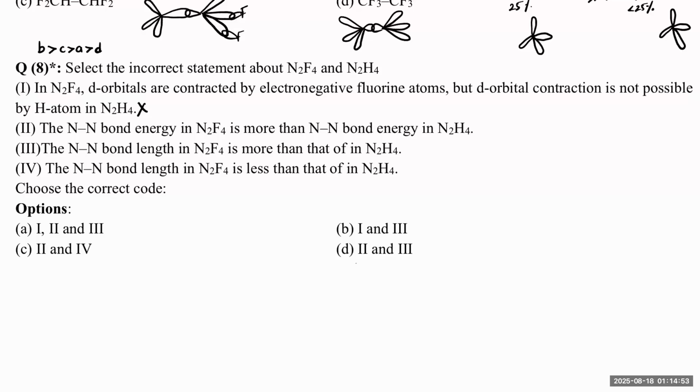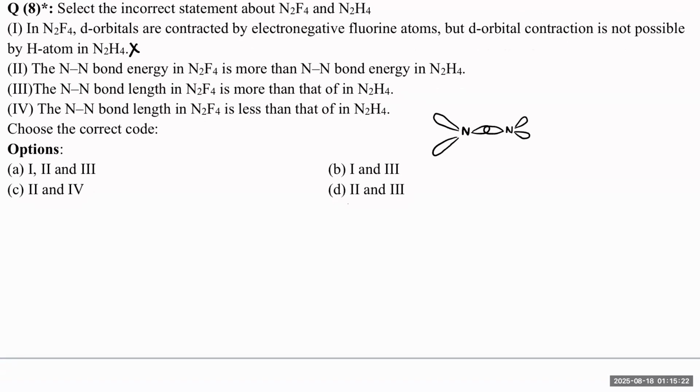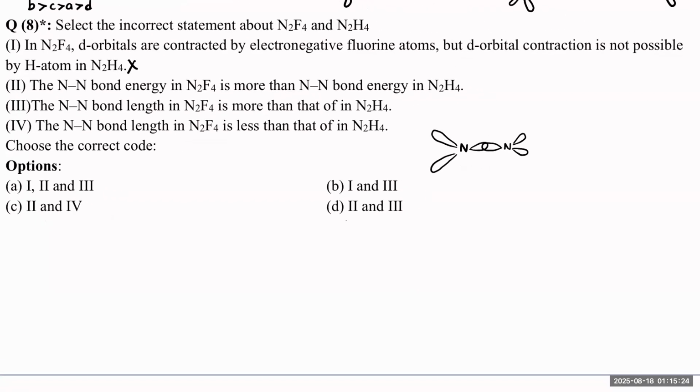See the second statement. The N-N bond energy of this one is more than this one. Now again, N2F4 is like this. N with a bond here like this, and other fluorines will be bigger like this. While here, on the other hand, will be two hydrogens which are of the same kind like this.